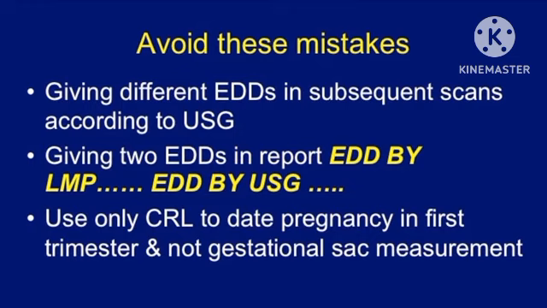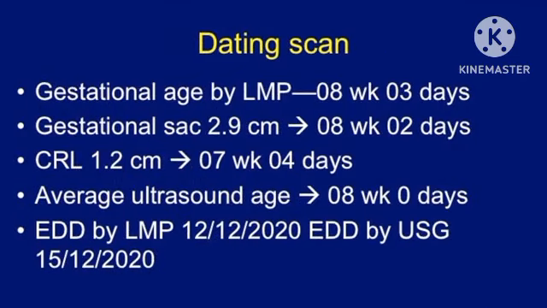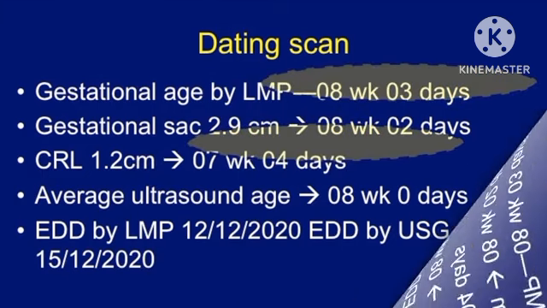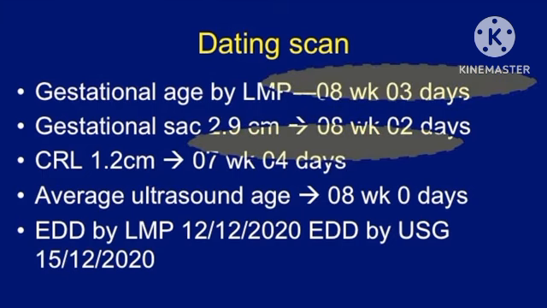Use only CRL to date the pregnancy in the first trimester and not the gestational sac. Now if you see this report, the LMP tells you it should be 8 weeks 3 days, you are taking the gestational sac measurement which is 8 weeks 2 days, but the CRL is quite small, and the machine is averaging out the 2 measurements and telling you that this is 8 weeks, and you get a spurious feeling that there is a difference of only 3 days and you will not reassign this EDD.